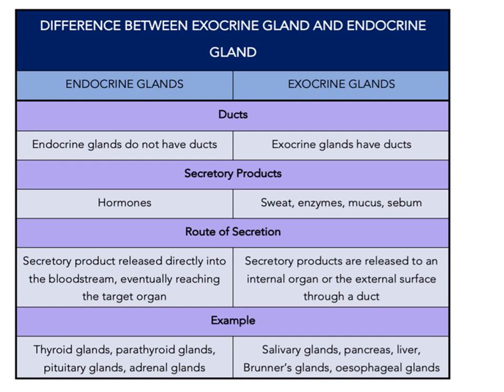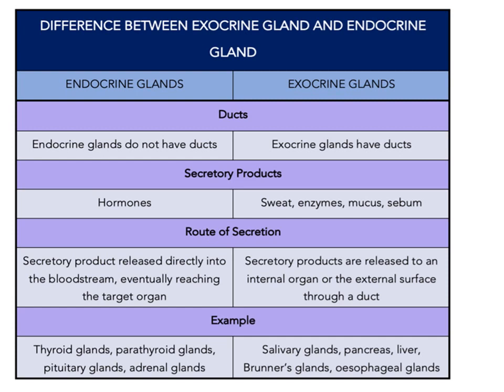From there it will be taken to the target organ where it has to reach. But in the case of exocrine glands, as we said, the gland has a duct, and the secretory products are released into an internal organ or the external surface through a duct. Either inside the organ or outside the organ, through the duct it will be carried.